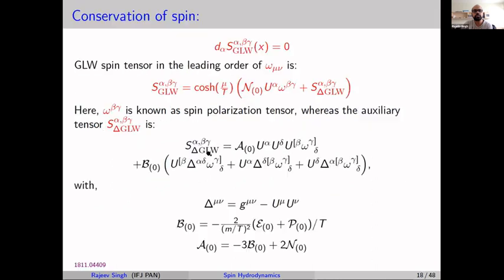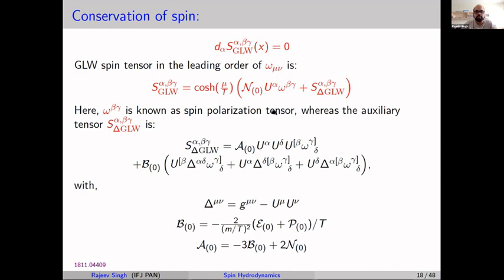And then we go to the conservation of spin, which is expressed in this form. And in the leading order of omega mu nu, what is omega mu nu? This is actually the most important term in our formalism. Omega mu nu is the spin polarization tensor.